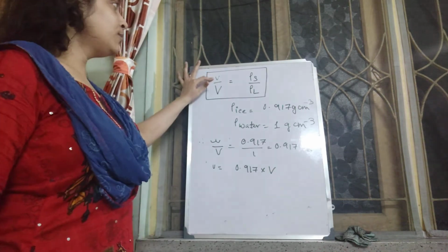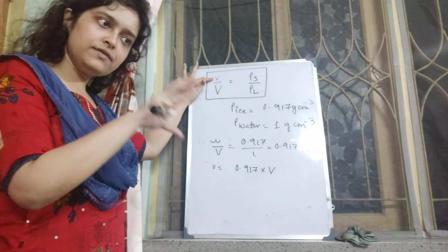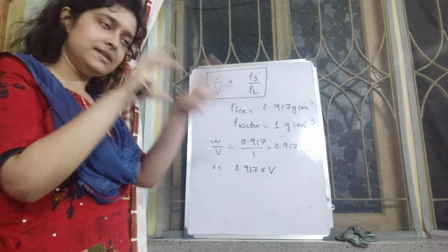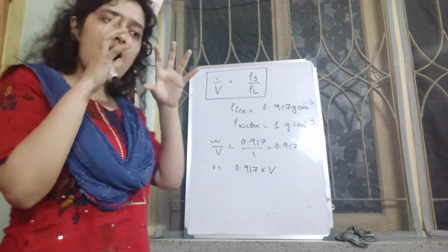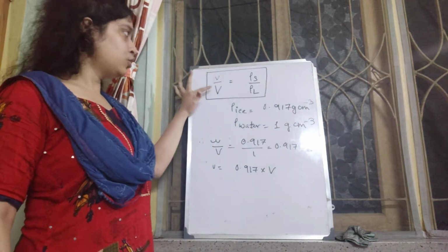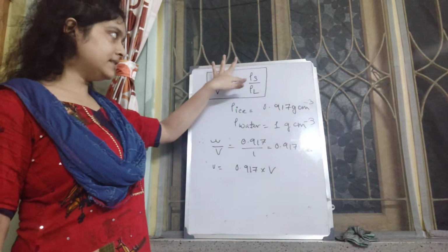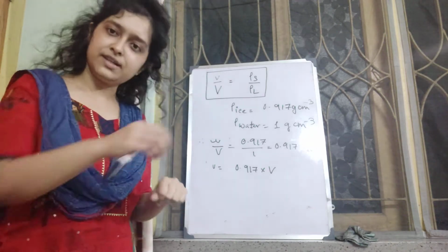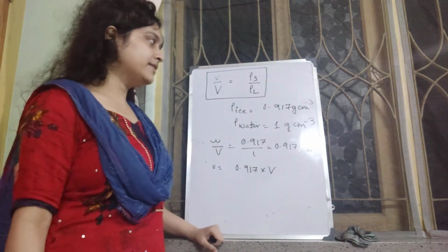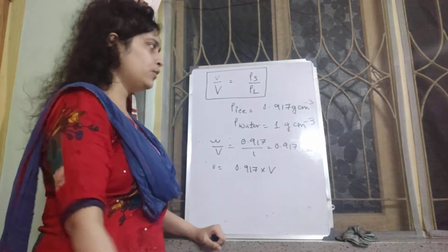This is the volume of the submerged part of the solid. That is, a solid is immersed inside a liquid. How much volume of the solid is immersed inside the liquid? Small v. Total volume of the solid, density of the solid, density of the liquid in which it is immersed. See, density of ice, you know that it's less than the water, right?